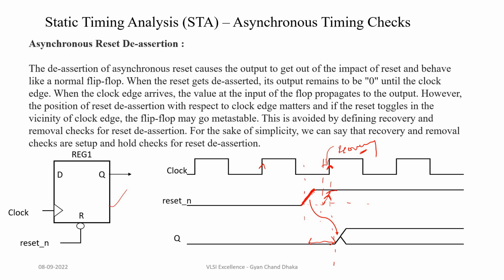So friends, to avoid this scenario of violating the recovery and removal, in one of our previous chapters, we covered a circuit solution where we designed a reset synchronizer, and that reset synchronizer manipulates our asynchronous reset such that during de-assertion it looks like a synchronous reset. So if the reset is synchronous, there are very few chances the reset is toggling in the vicinity of the active clock edge, because the reset signal is launched by a flip-flop.